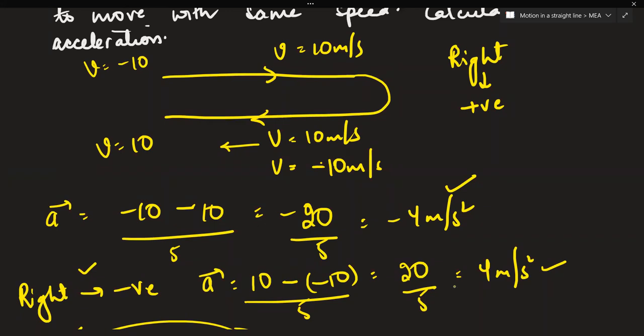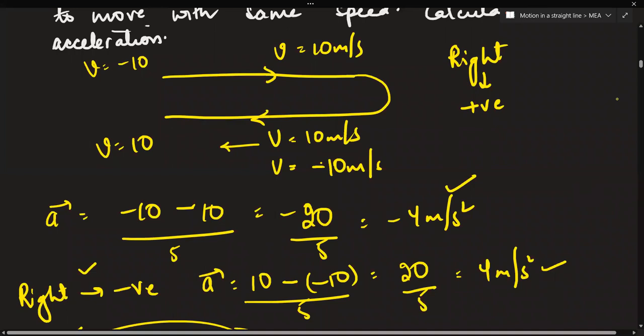When you choose right as negative, you get plus 4, which is showing again that it is towards the left only. Whichever side you choose, you will get the same answer. It's just that you have to mention which direction is positive and which is negative.